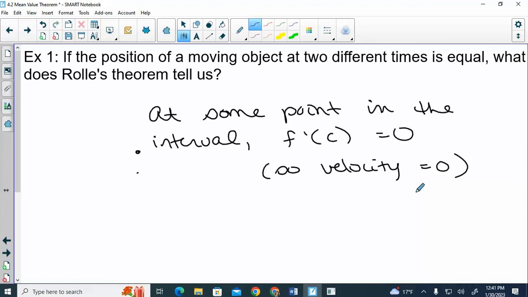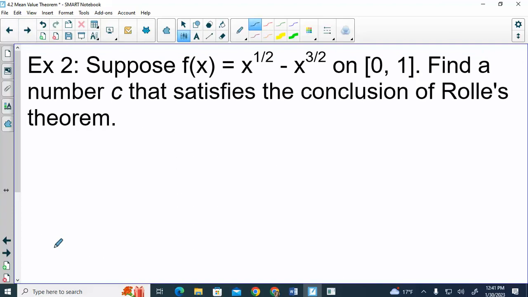All right, so let's look at how we would apply it to our scenario. We are going to be looking at equations most of the time. So here's an equation and an interval. I want to find a number c that satisfies the conclusion of Rolle's theorem. Anytime I ask you to do Rolle's and the mean value theorem, you have to check the conditions first.